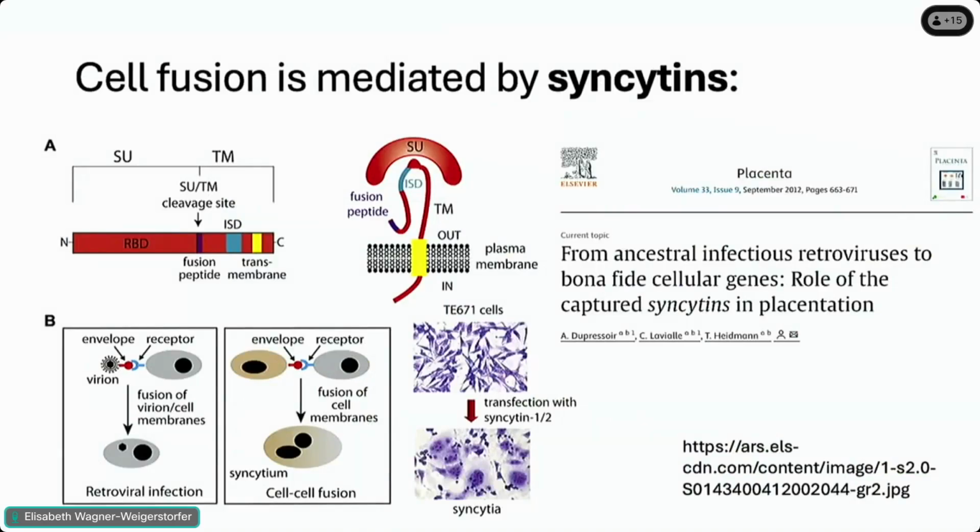If this gene gets integrated into the host genome, the host can also express this envelope gene, which is then called syncytin, and this can then be used to initiate cell fusion. So the evolution of the syncytial forms is derived from a virus-derived gene.